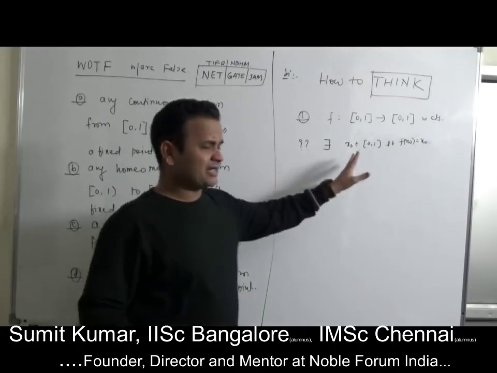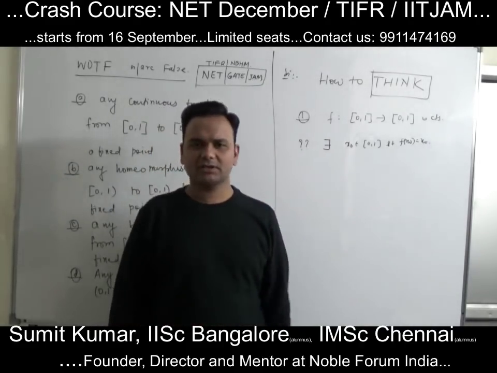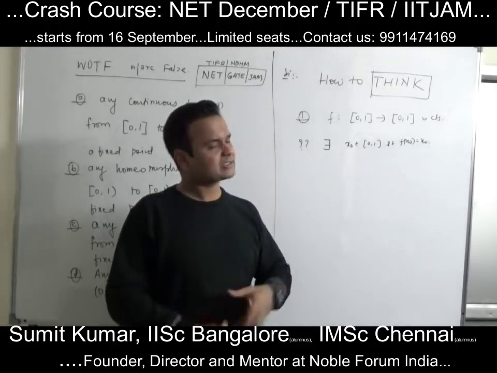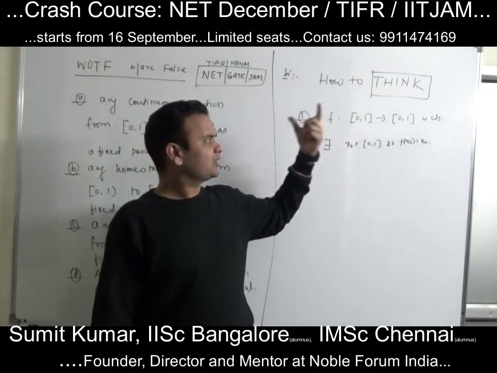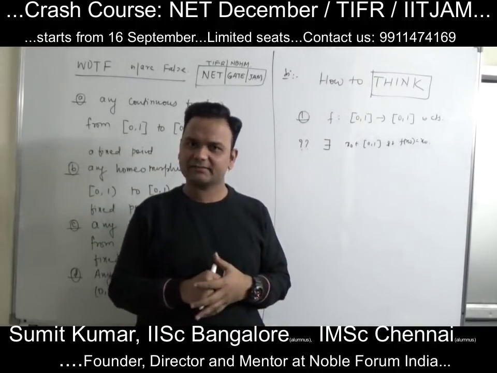This kind of question you have already encountered in your elementary calculus or basic real analysis. These are the first kind of question where you apply the intermediate value property, right?